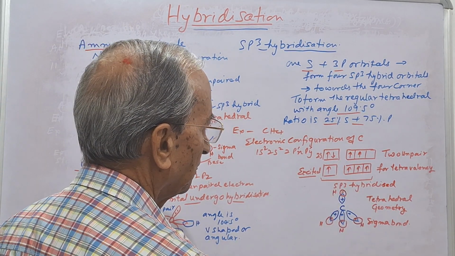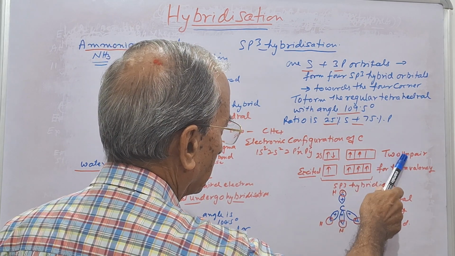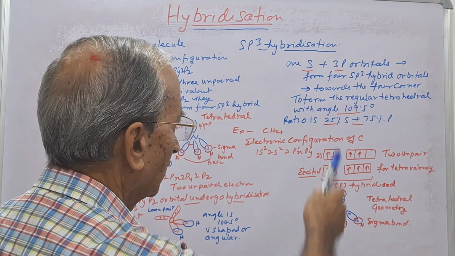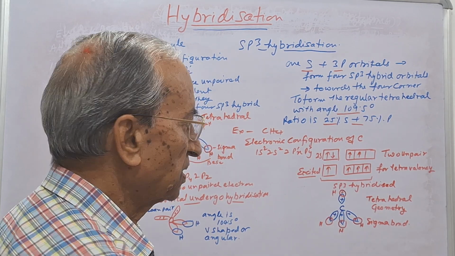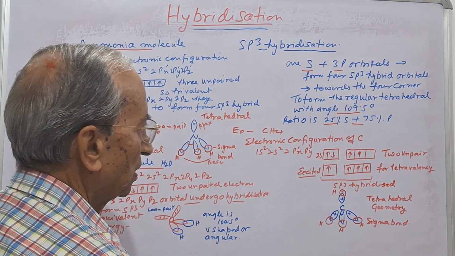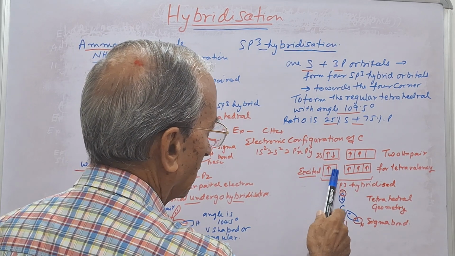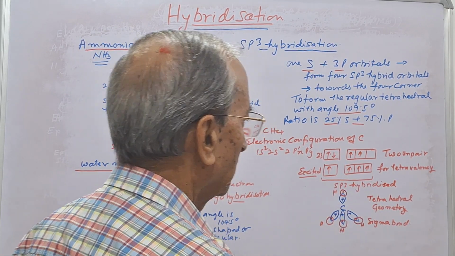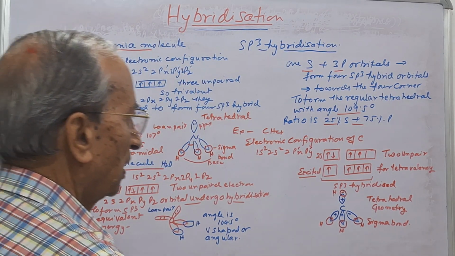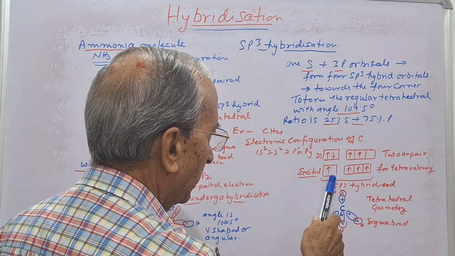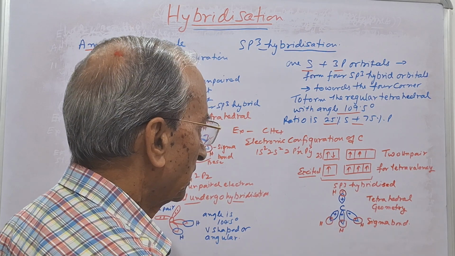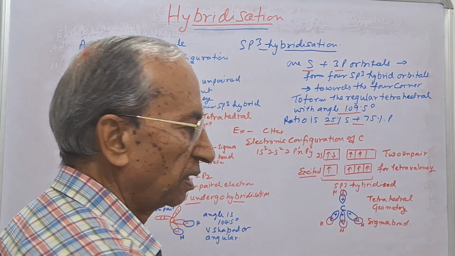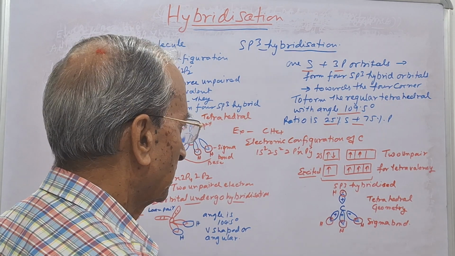We see two unpaired electrons in the p orbital, and we know that carbon shows a valency of 4. So in the excited state, one electron of the 2s is promoted to the p orbital. Now one s and three p hybridize and form four equivalent orbitals of equal energy.